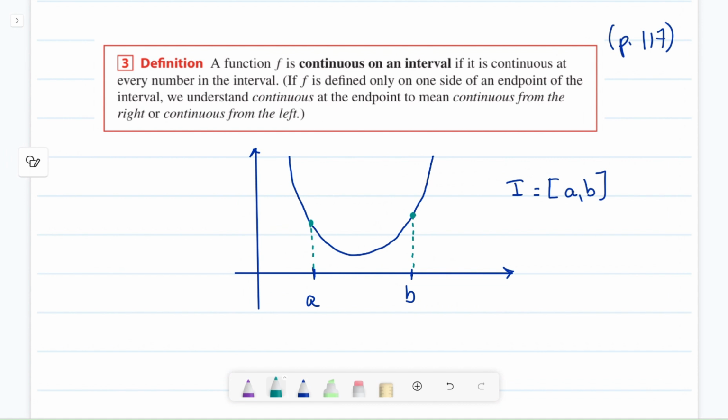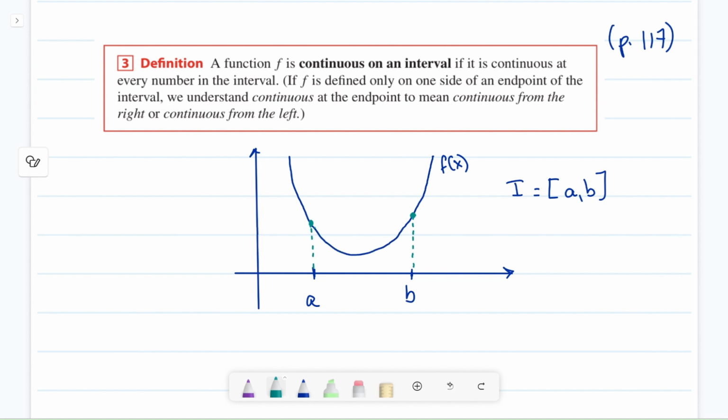So this will get clearer through an example which we will do later on. However, for now, just keep in mind that if a function, let's say this is a function f of x, is continuous over the closed interval from a to b, it is continuous at every point inside.